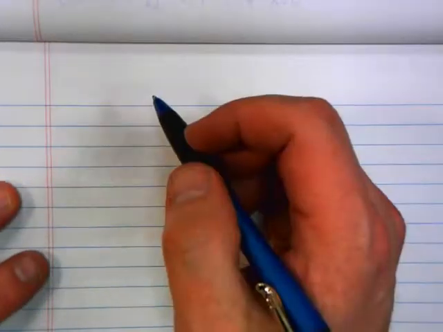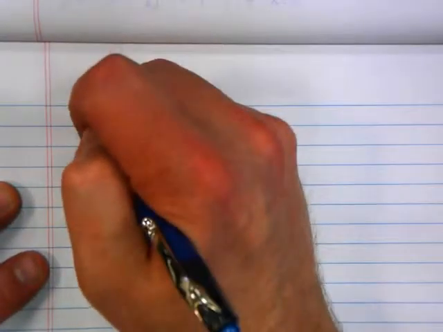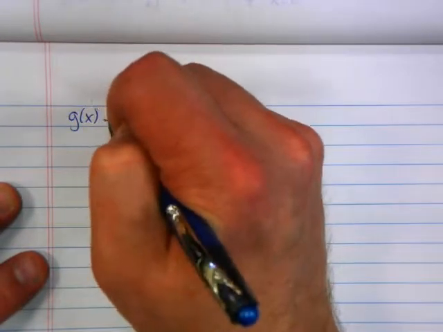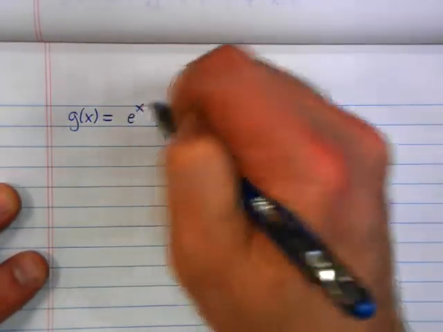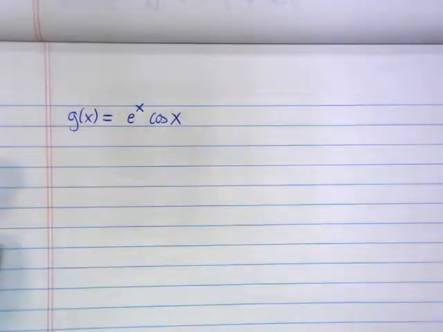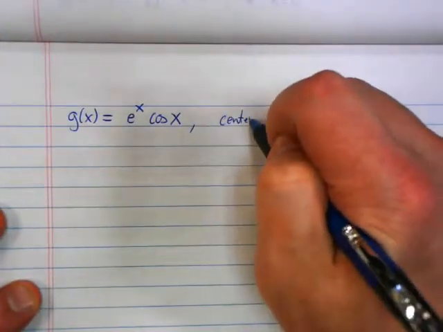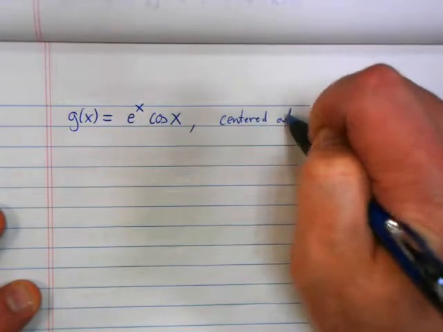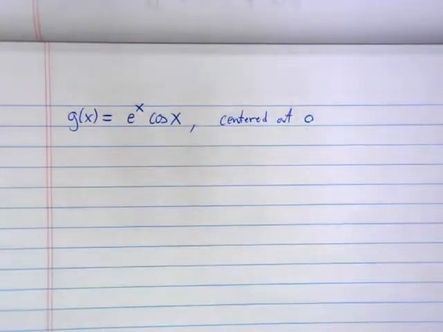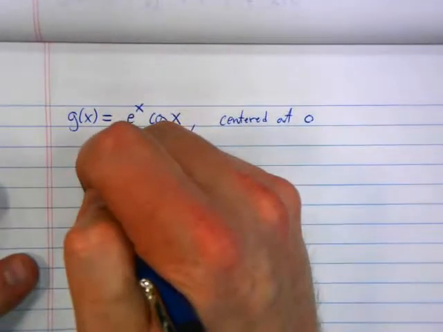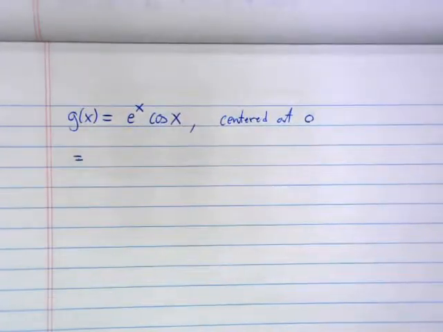How about a power series for, I don't know, g of x is e to the x cosine x, and again I want this one centered at 0. What was the power series for e to the x again, centered at 0? Anybody remember?